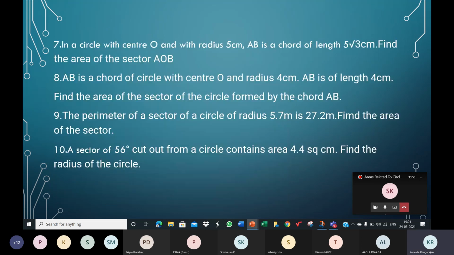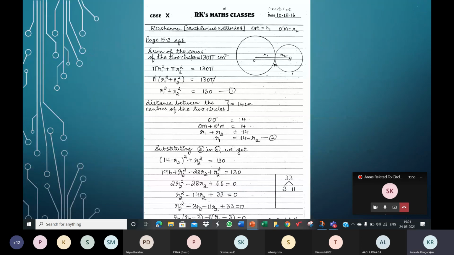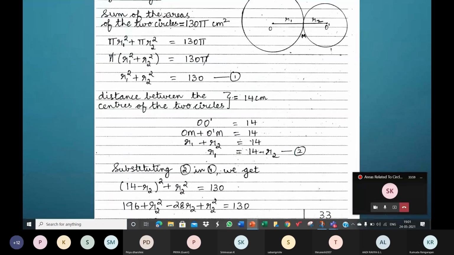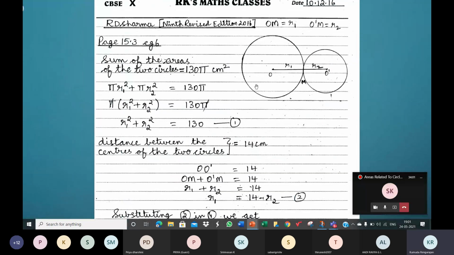All right, let's see the answer. See here. You can do it like this. 2 circles, they touch each other at M. They don't intersect at 2 different points. They just touch each other externally, not internally, outside.